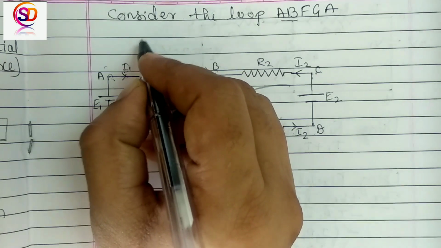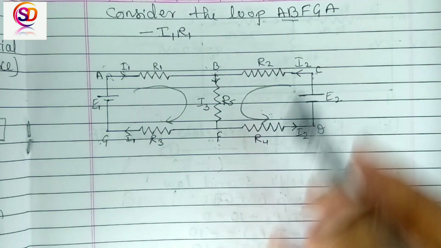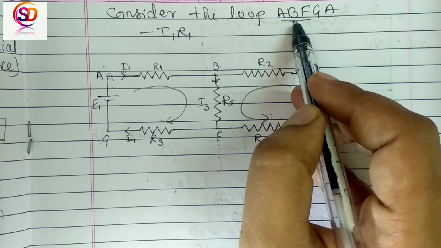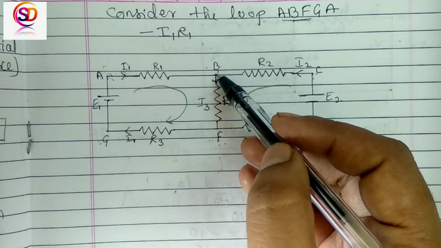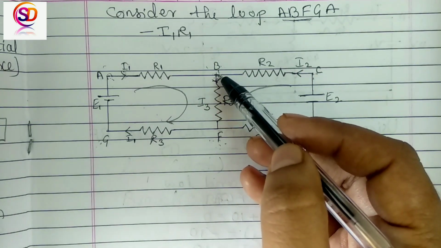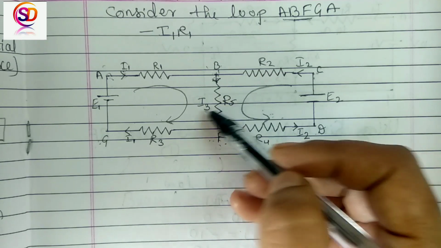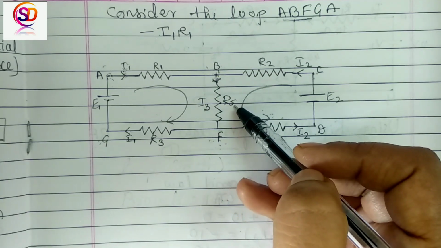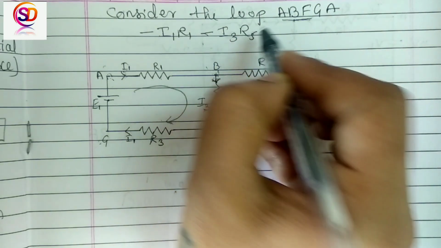So it comes as minus I1 R1. Then we proceed B to F. From B to F, you are tracing along the conventional current again, so the potential difference, I3 R5, should be considered negative.